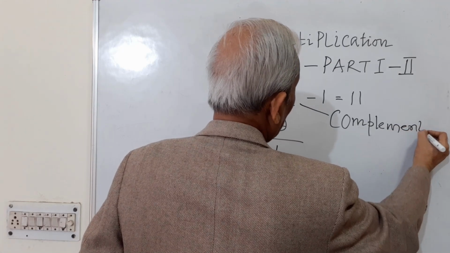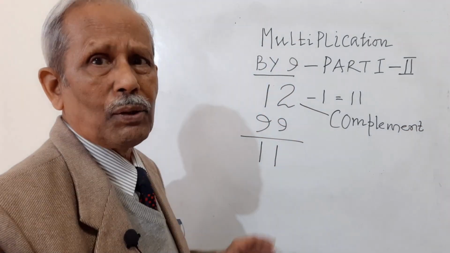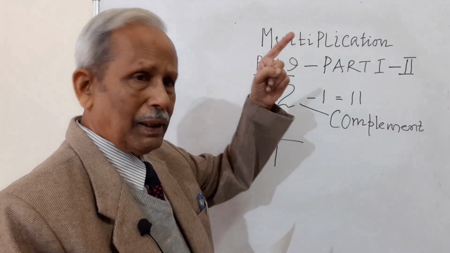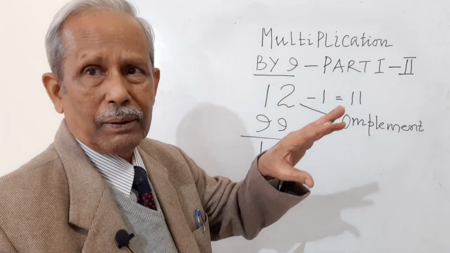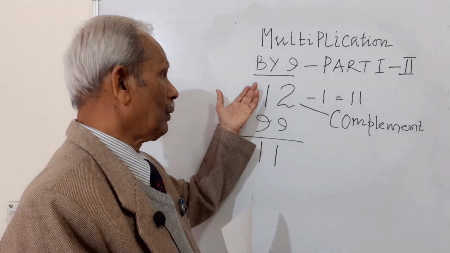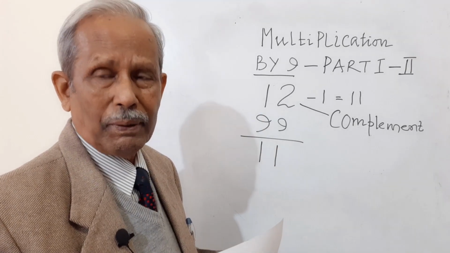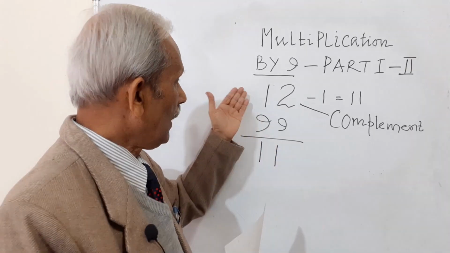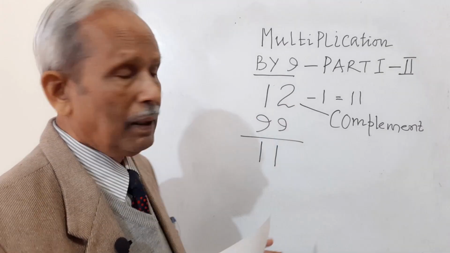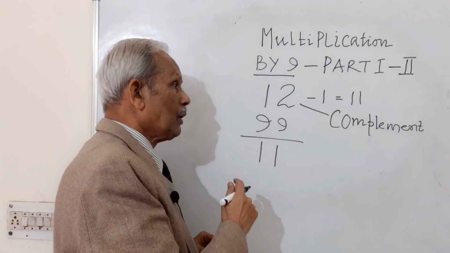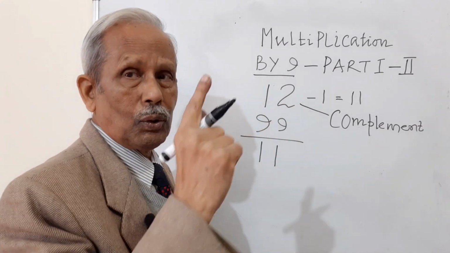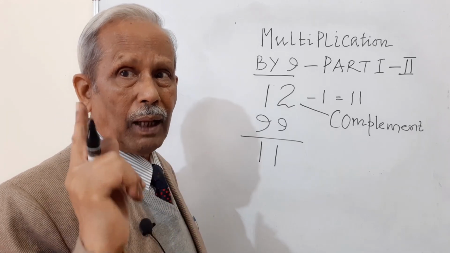Complement of 12 means what? When you subtract 12 from 100, we get the complement. We know that 100 minus 12 is 88. But we can get it through the method of complement I told you earlier: all from 9, last from 10.